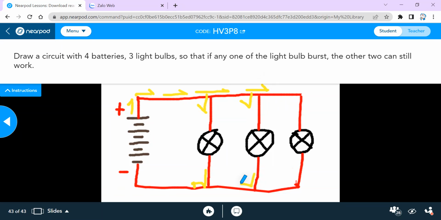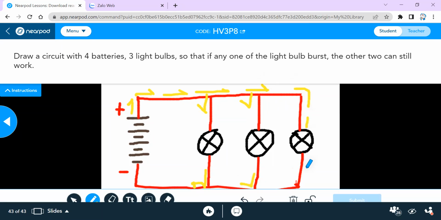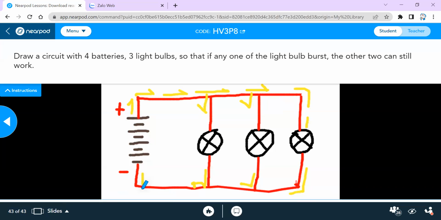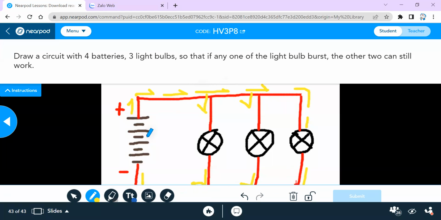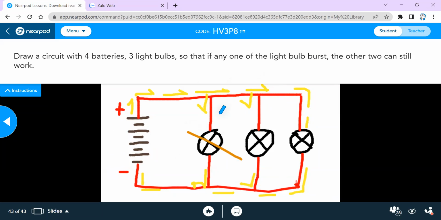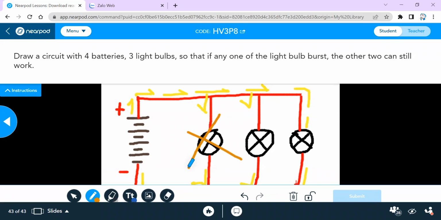And back to here. Then flow here, here, here, and it flows together here. Flow here, here, here. So for example, if this light bulb is spoiled, I still have here to complete the circuit and here to complete the circuit. That's why this parallel circuit is the best diagram to answer this question.